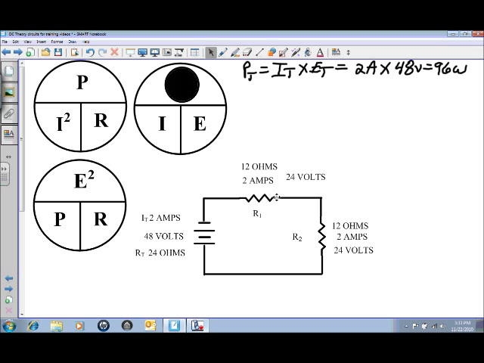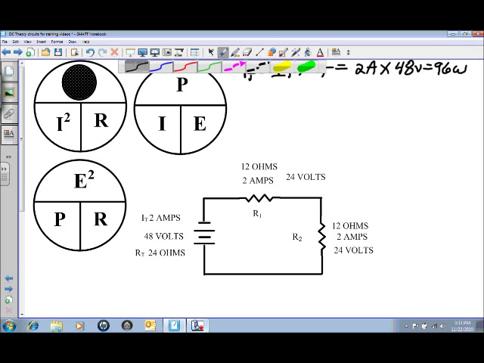Now we need to calculate the power at R1 and at R2 also. So I'm going to use a different formula for the power at R1, and I'm going to use I squared R. So we can just punch in the appropriate values there.